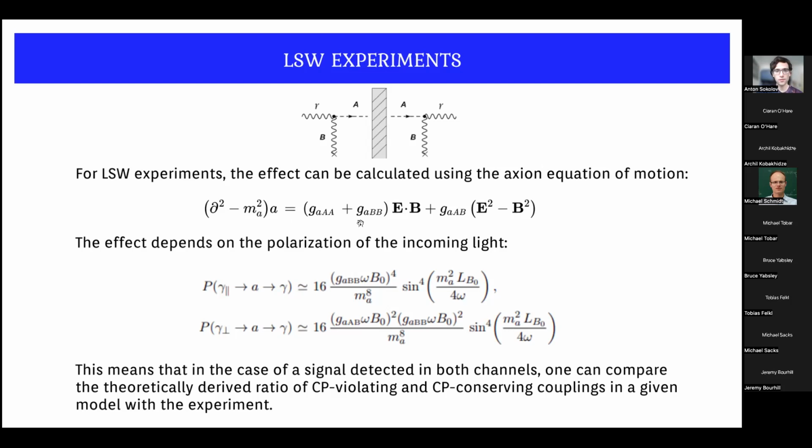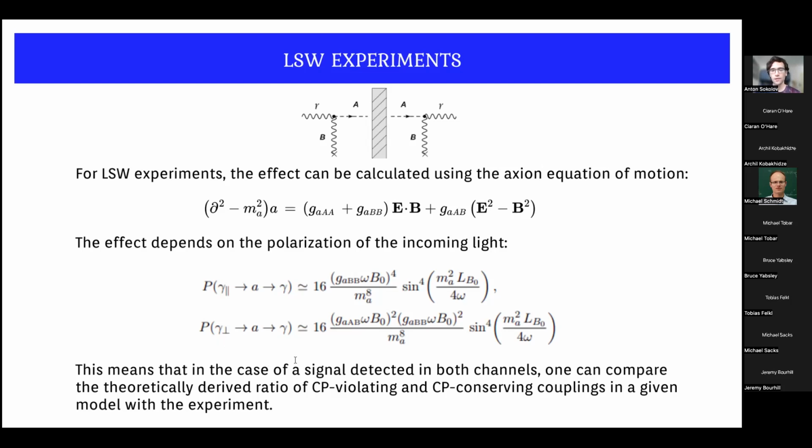BB coupling has the same combination of electric and magnetic fields as the conventional AA coupling, so it will be sensitive only to a photon whose polarization is directed along the external magnetic field, but not to a photon with perpendicular polarization.